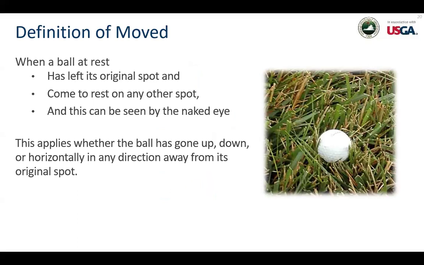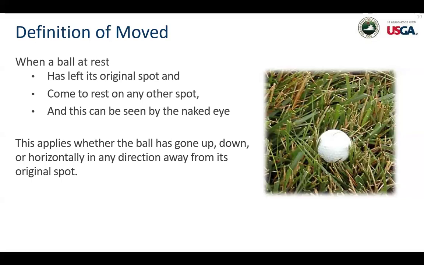But before we get into Rule 9, we need to define what actually means whether or not a ball has moved. Another one of these definitions in the rules of golf that do not match Webster's version necessarily, because we can have a ball that does physically move or oscillates or kind of wobbles in the wind or something like that, but per the rules of golf, it has not moved in their version of that definition.